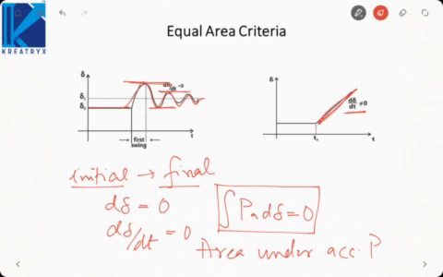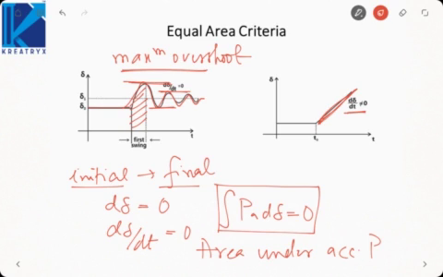In transient stability or the equal area criteria, we only analyze first swing stability, because in the first swing we obtain the maximum overshoot. As we have studied in control systems, the first overshoot is maximum, and if the system is stable under the maximum overshoot, then other overshoots will be less than this. The system will definitely be stable, so we have to just take care of the first swing.